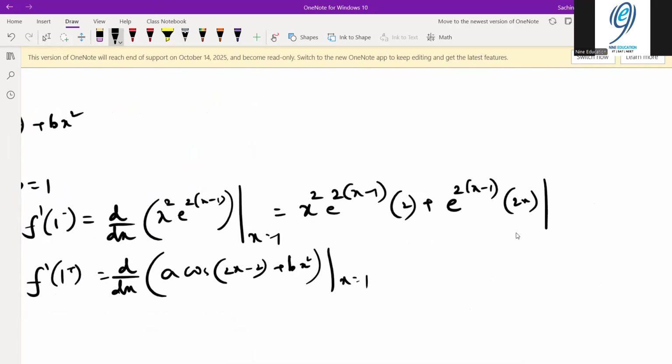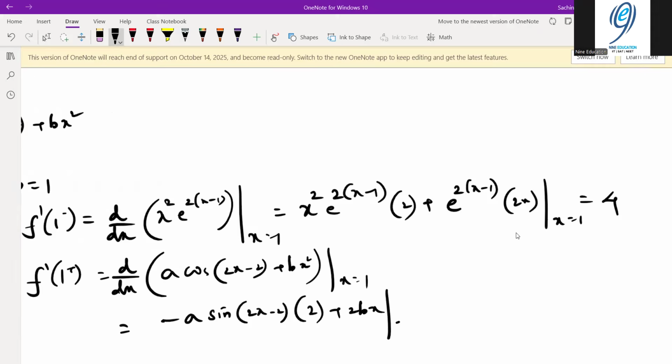So this calculated at x equals 1 will give you 1 into 2 plus 2, that is 4. The left derivative is 4. The right derivative, if I calculate, I get minus a sine of 2x minus 2 into 2 plus 2bx. So this calculated at x equals 1 is 2b.